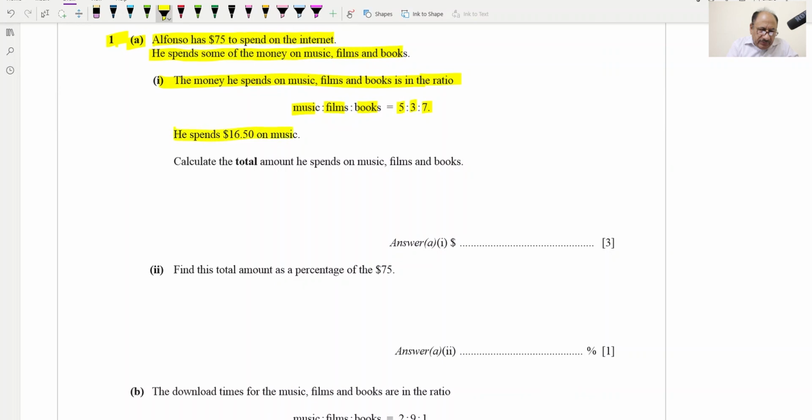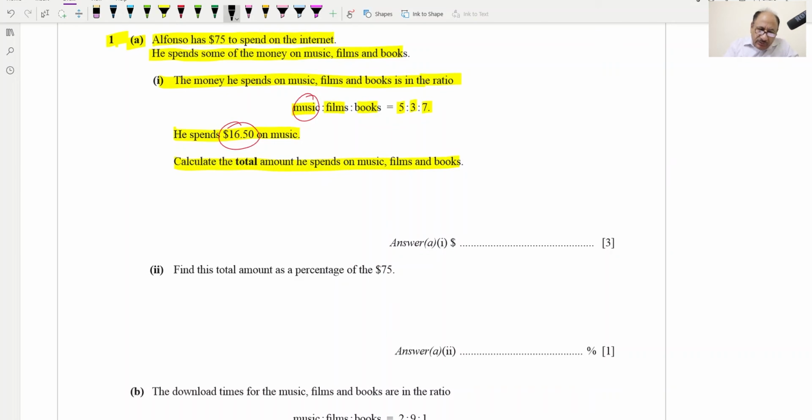He spends $16.50 on music. Calculate the total amount he spends on music, films, and books.